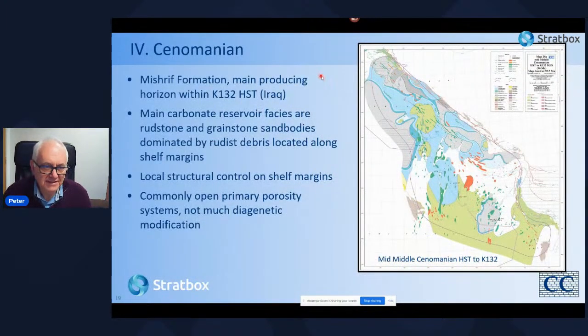So starting off with the Mishrif formation, which is Cenomanian. This is our high stand map for the main middle Cenomanian, which is associated with the K132 flooding surface.